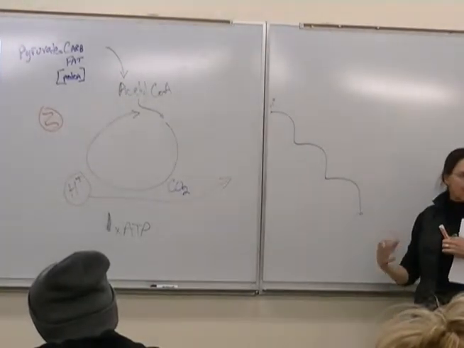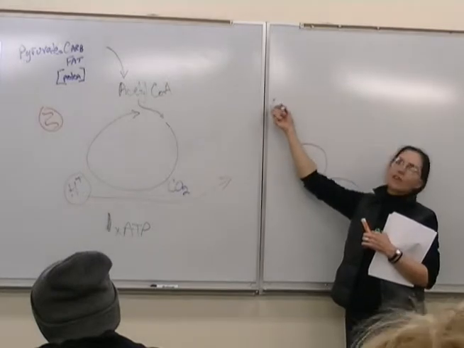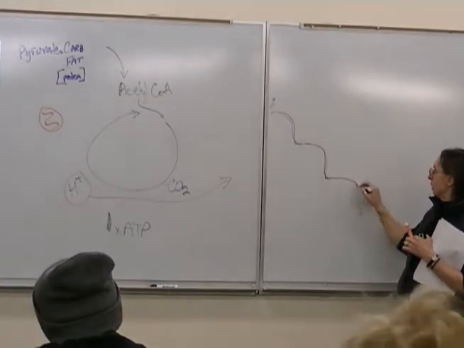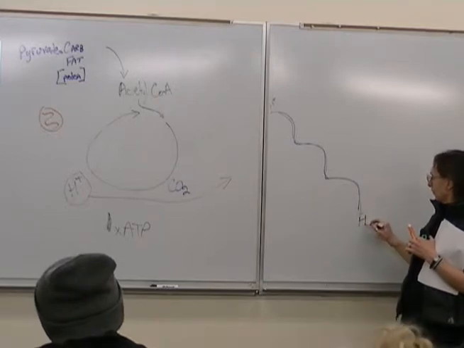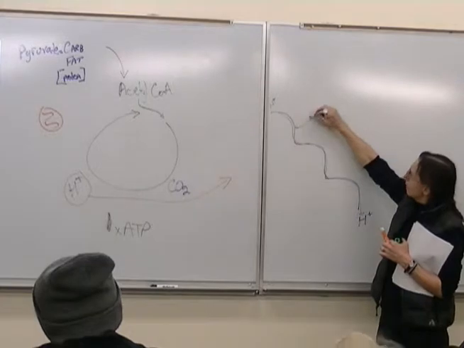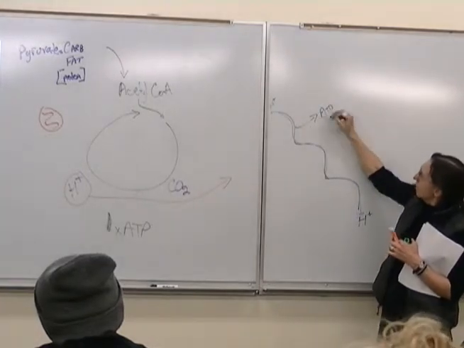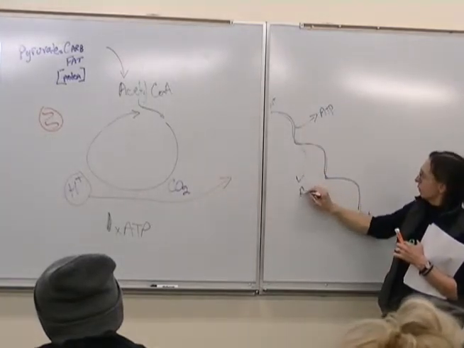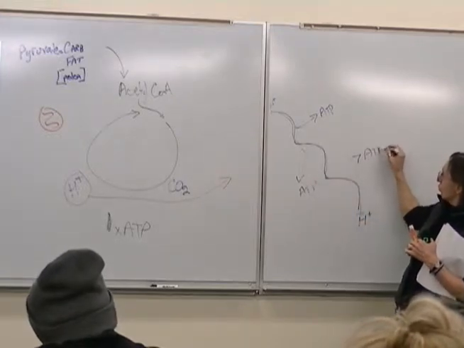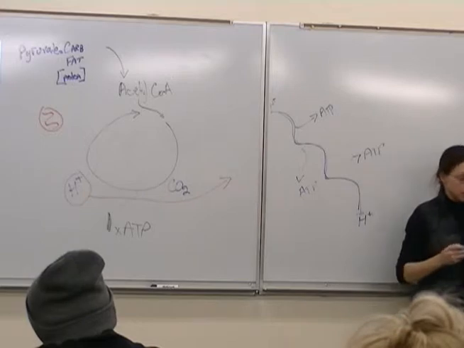But for our purposes, we're going to pretend like we feed in the hydrogen and it just moves through the chain to the bottom. As it moves through the chain, we get tons and tons of ATP given off. Lots of ATP.